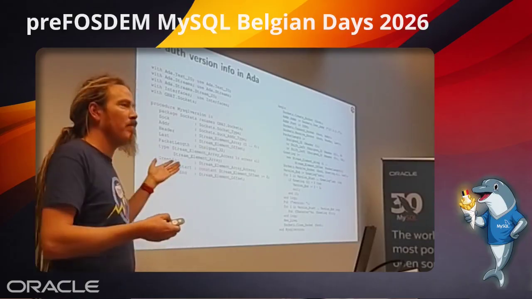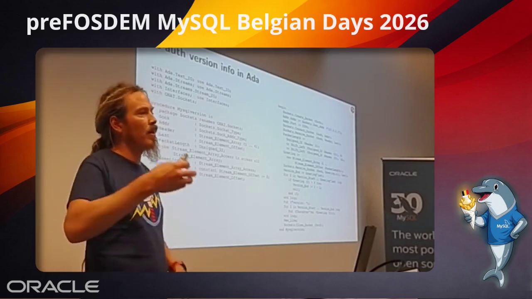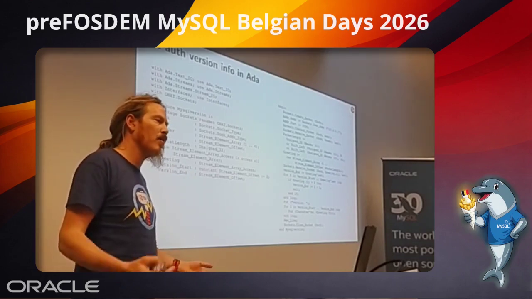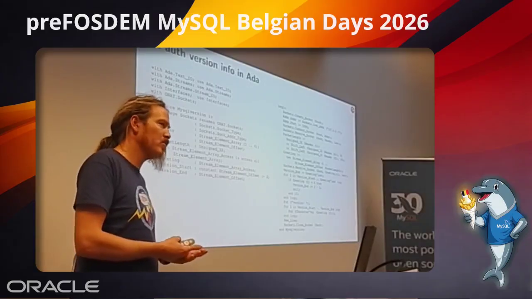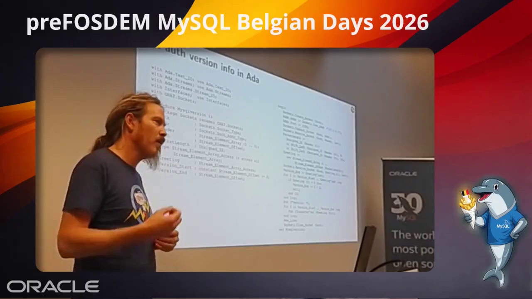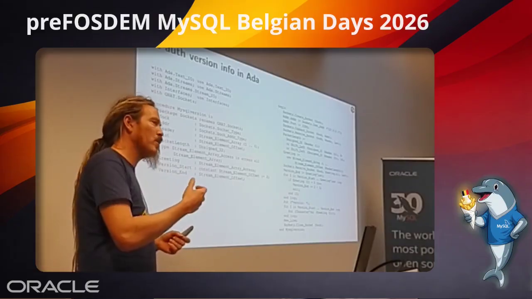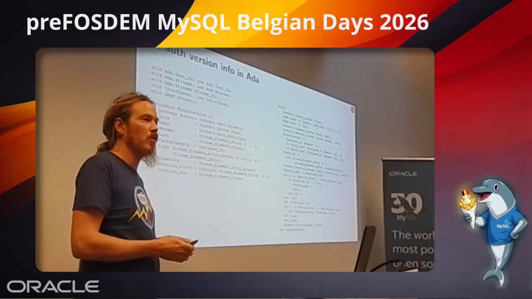So you can actually quite easily do the same in Ada. And the whole point that I want to make here is that getting version info from MySQL is easy. You do not need authentication. You don't need a full session.